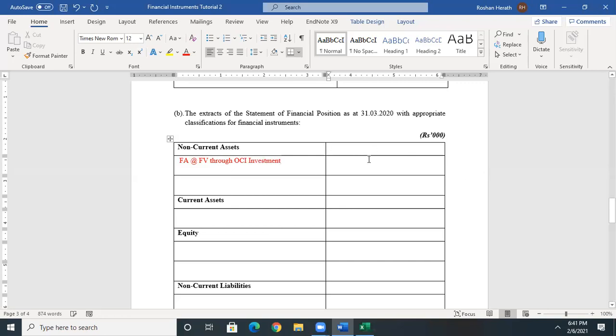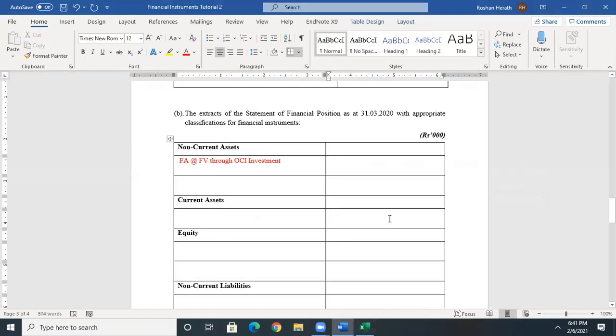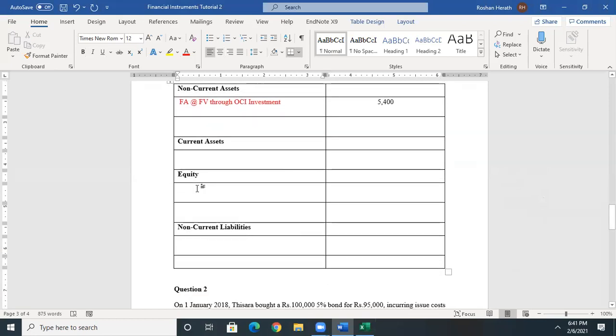Since we have only one type of this, I'm just going by this category. And what was the value? It was found to be 5,400. And not only that, you need to show the reserve, that is financial asset at fair value through other comprehensive income reserve.